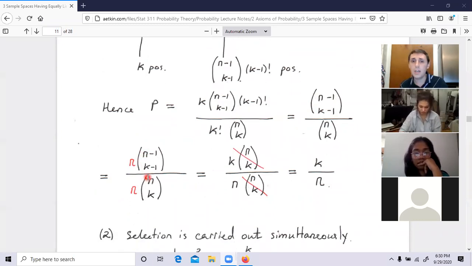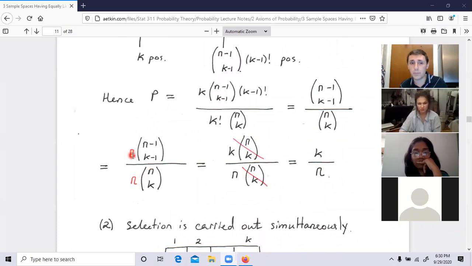You remember them? So I realized, well, let me multiply numerator and denominator by n. And then I can change the numerator to be k times n choose k. What is this? Because look at it, n times n minus 1 choose k minus 1 is how many ways do you choose a group, a jury out of n possible jurors of size k, and you choose the leader of the jury here, right?